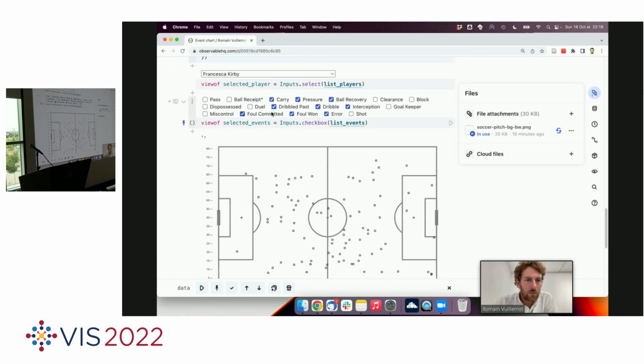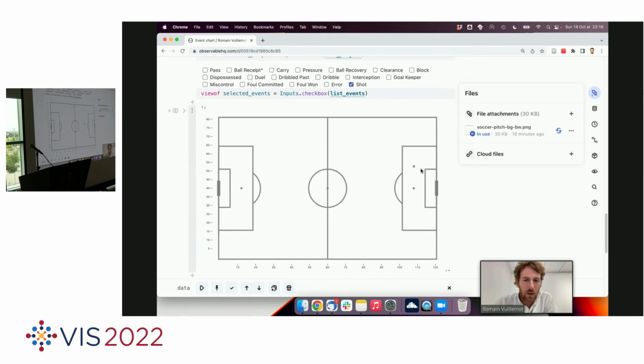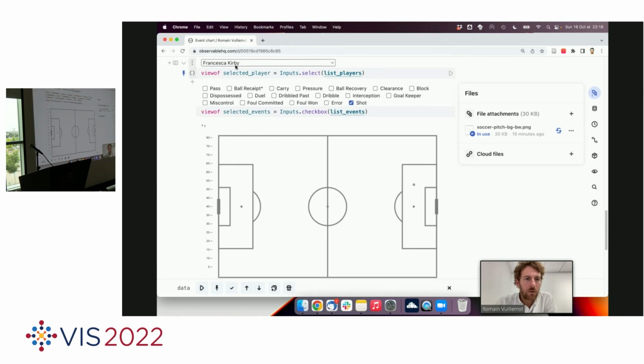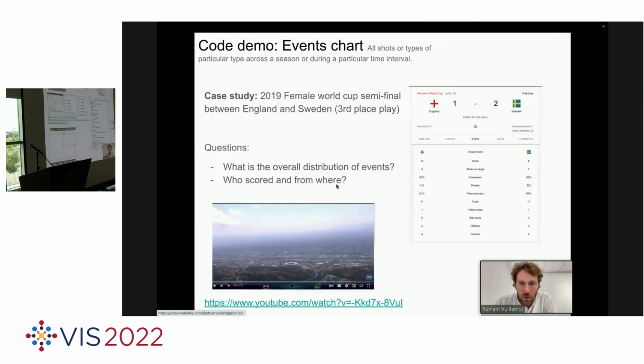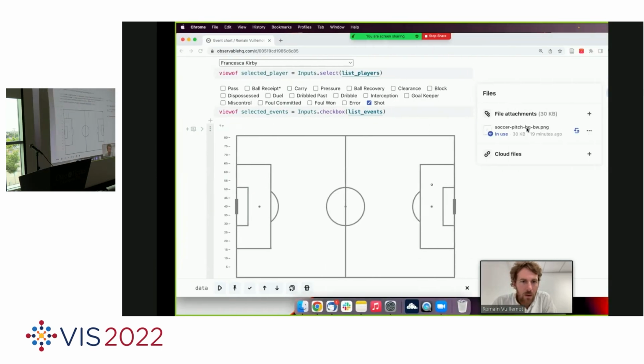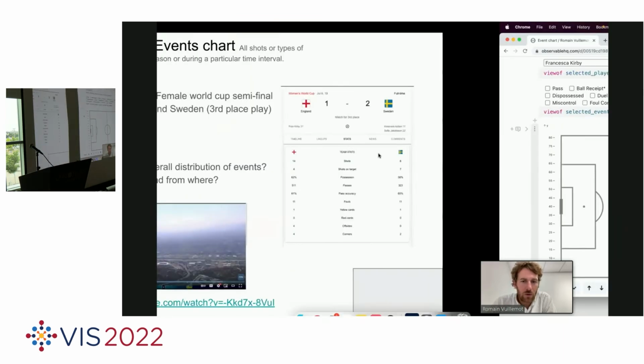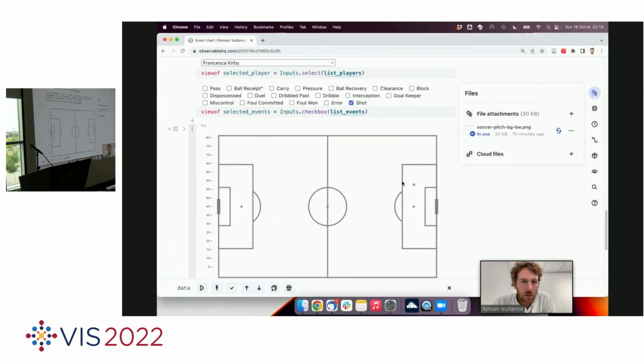So I uncheck all the events. So now if I'm interested in the shots, here I see that Francesca Kirby had one shot, and we can go back to the statistics, and we see that we have one goal by Asilani. So actually, Francesca Kirby is the one who scored for England. So that's her shot, which outcome I guess was positive.